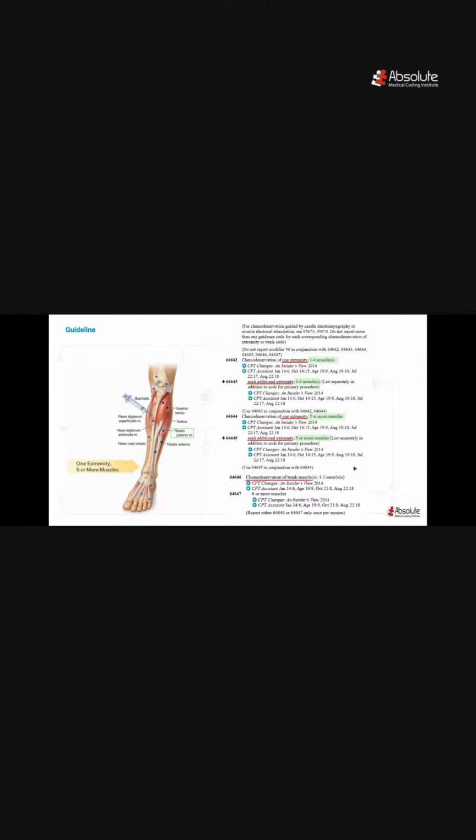Coders, have a look at these parenthetical guidelines as well. 64642, 64643, 64644, and 64645 are reported once per extremity, maximum up to 4 combined procedures.